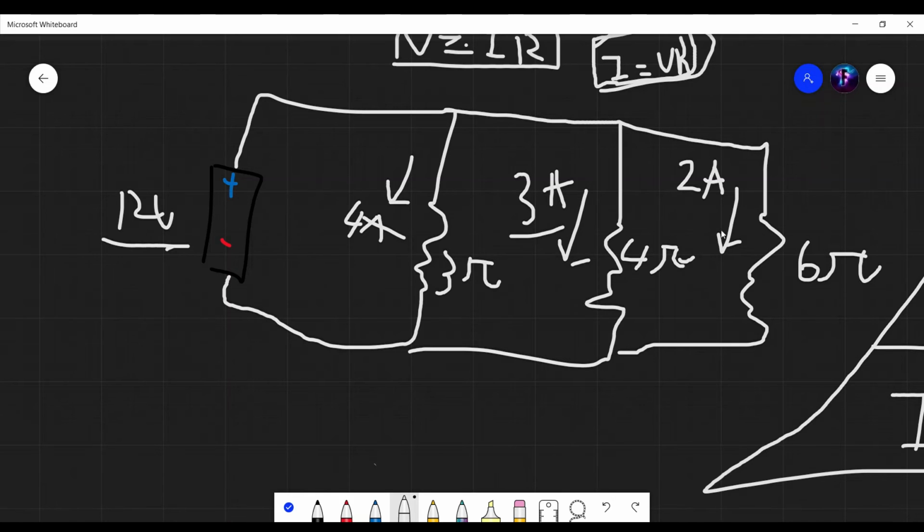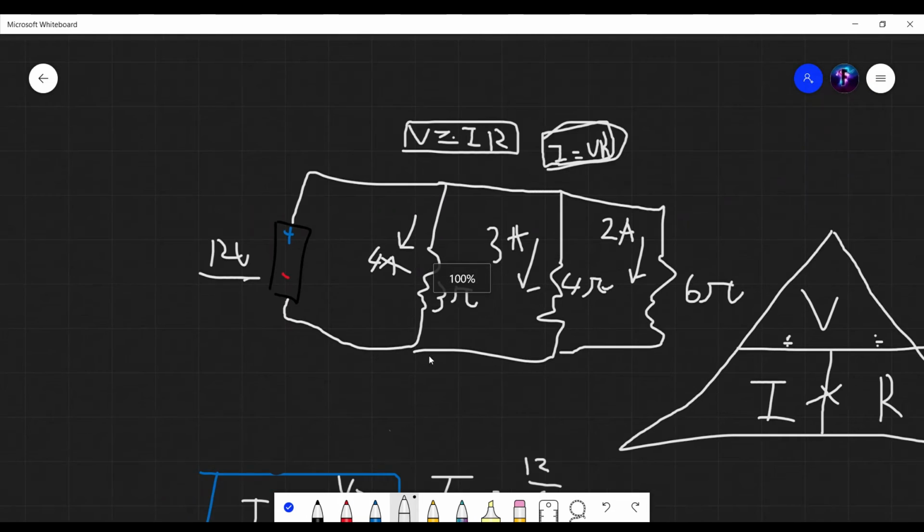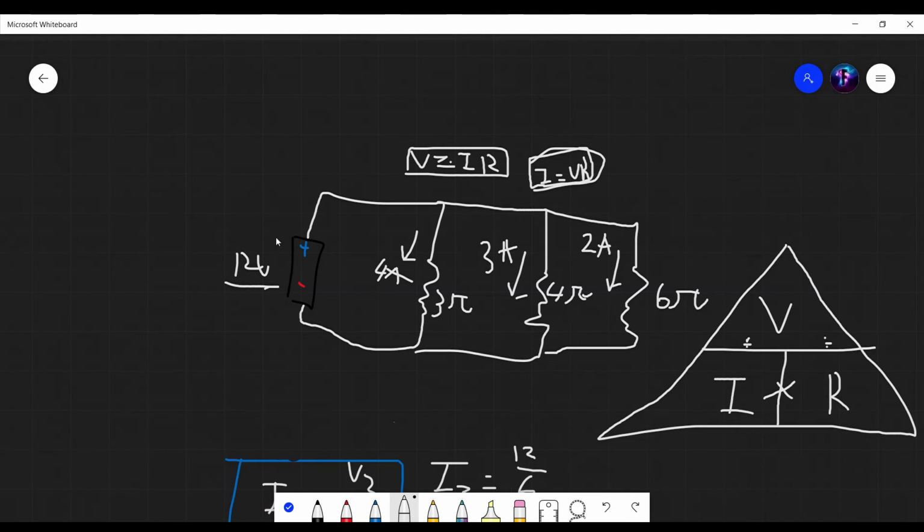I2 is 3 amps, and I3 is 2 amps. So we can add them up. You would equal 9 amps. So right here, you would have 9 amps coming out. Now, when the 9 amps travels here, 4 of the amps is going here. So there is this kind of rule that you need to know.